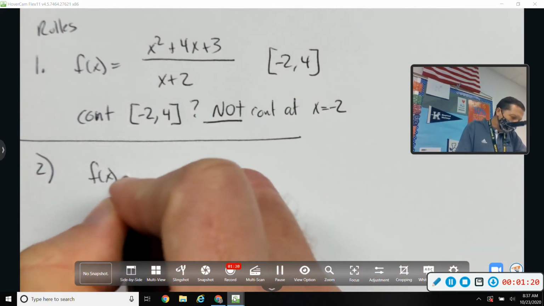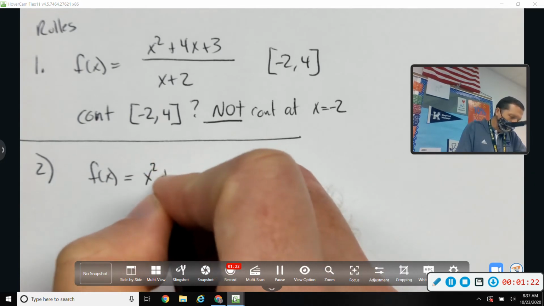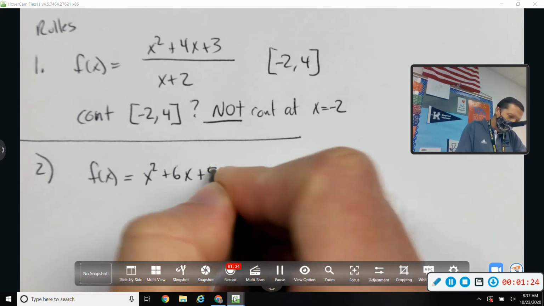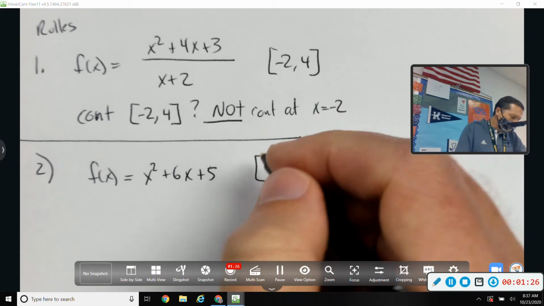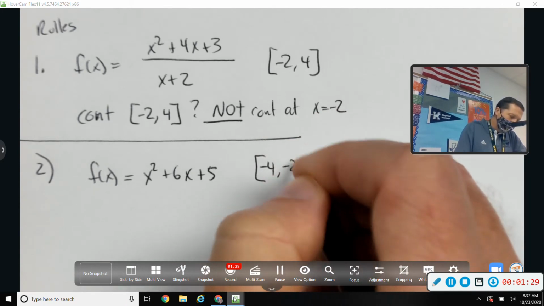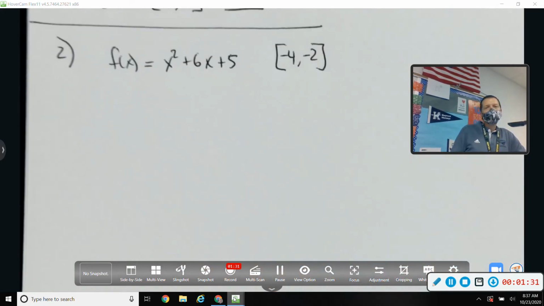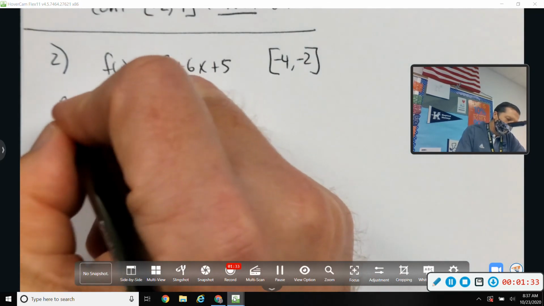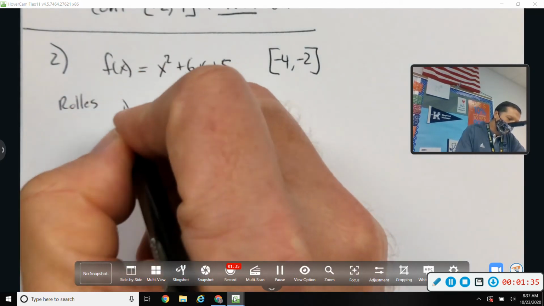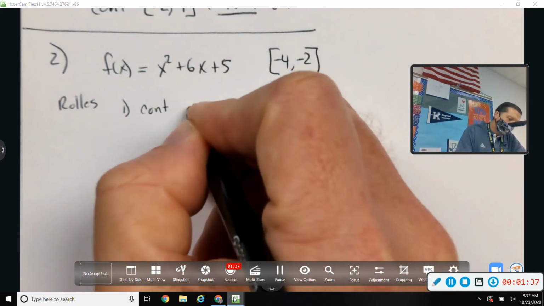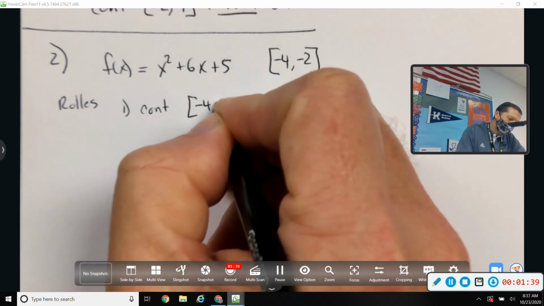Number 2. We suspect this one will work, but I guess we should figure out for sure. x squared plus 6x plus 5 on negative 4 to negative 2. Again, Rolle's has 3 conditions. Continuous on the closed interval, differentiable on the open.